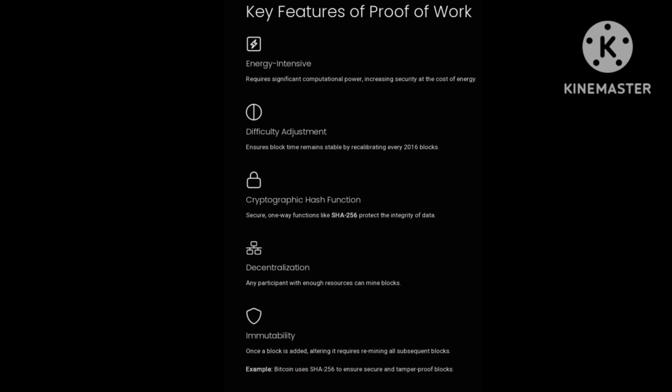Functions like SHA-256 generate secure, tamper-proof hashes. 4. Decentralization. Anyone with resources can participate in mining. 5. Immutability. Changing a block requires remining all subsequent blocks, making it virtually impossible. Example: Bitcoin's use of SHA-256 ensures high levels of data security and integrity.